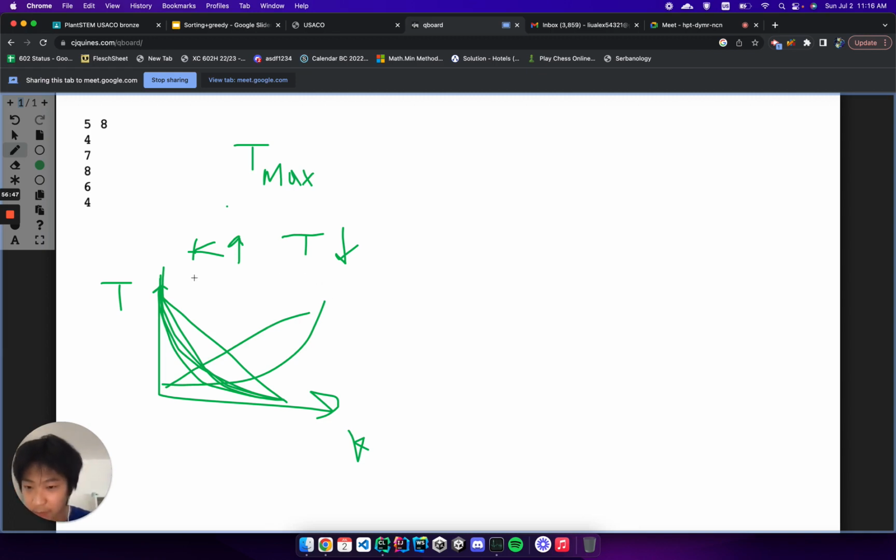Okay, cool. So we can binary search on k. First of all, let's say we know some k value, and we want to test if that k value is going to fit within Tmax. How would we do that?